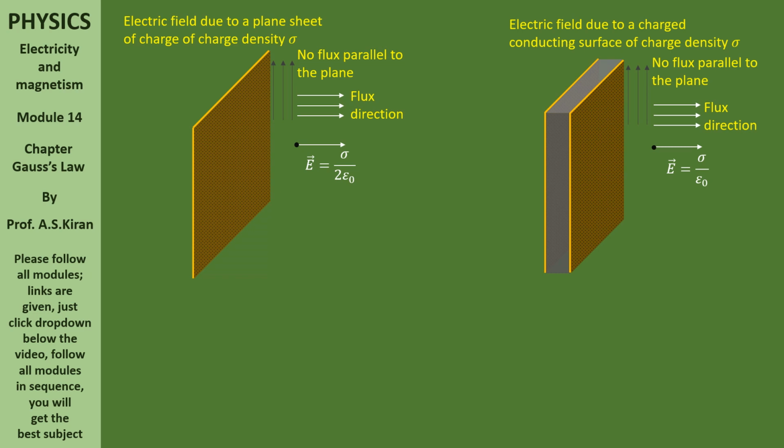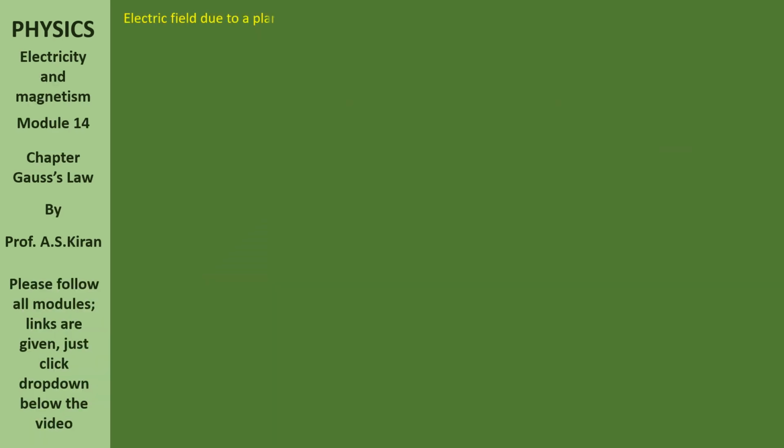Let us prove the results one by one. As for the first case, electric field due to a plane sheet of charge density sigma. Let us consider the plane sheet of charge density sigma. Yes, there is a plane sheet of charge density sigma.